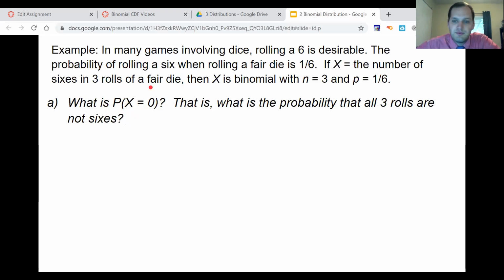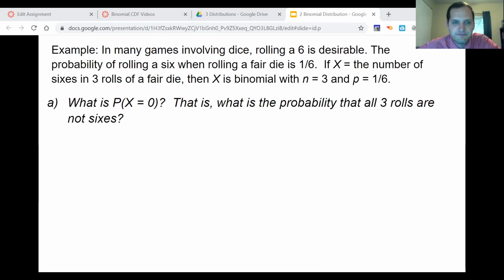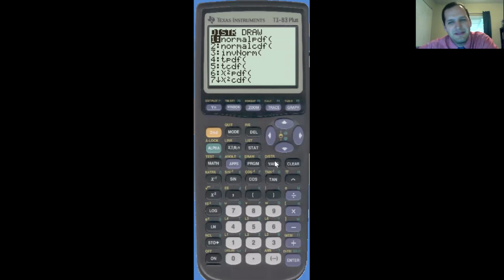Well, to do this, let's open up our calculator. Okay. I'm going to make sure that mine is sharing the correct screen with you. There we go. So we need to turn on our calculator, and we're going to go to second variables. So basically, it gives us a distribution because we're talking about binomial distributions. All right, so your screen should look something like this. Then scroll down, and we want the binomial PDF.